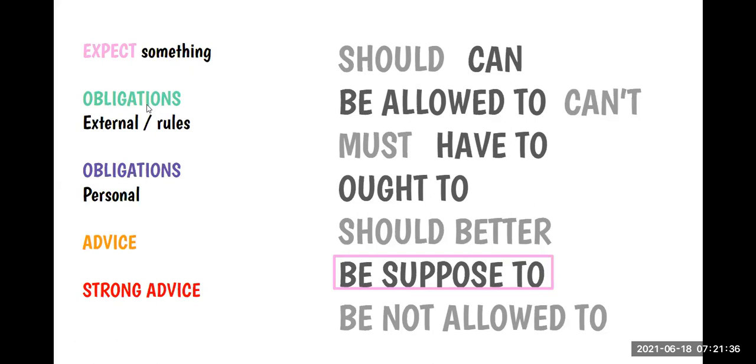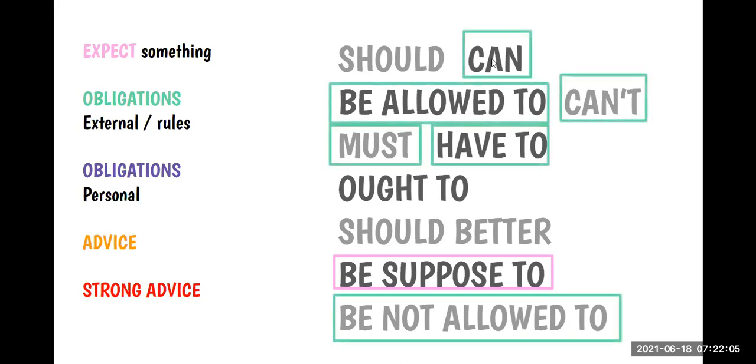Okay, let's talk about rules, obligations, but these are external obligations, the ones that you don't set for yourself. Which of them do you think we can use? Must, have to, can't.